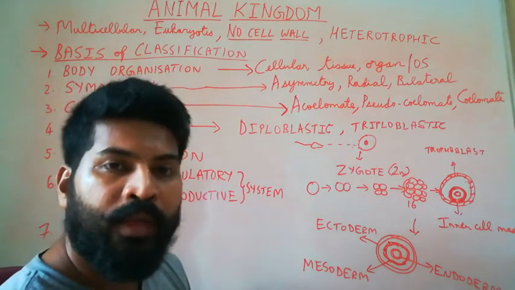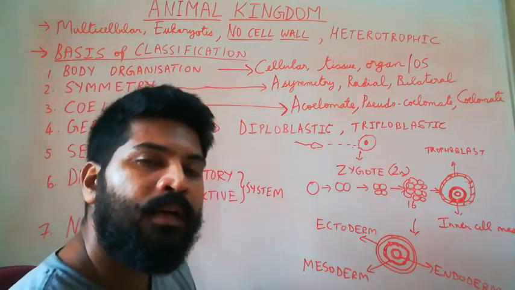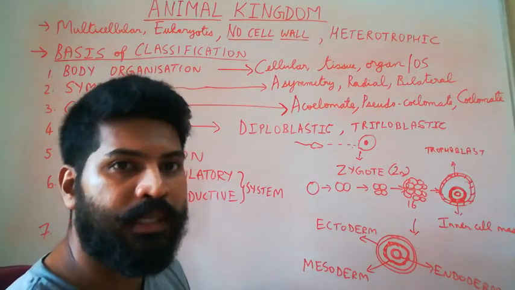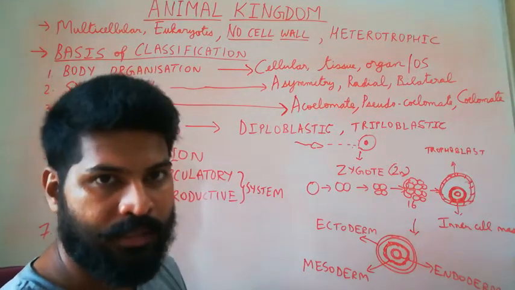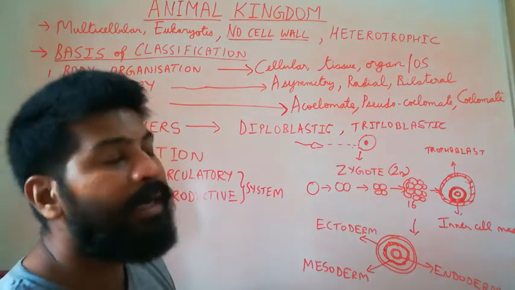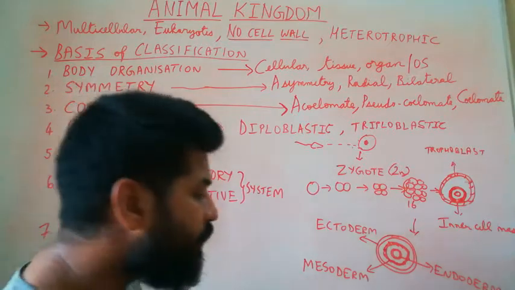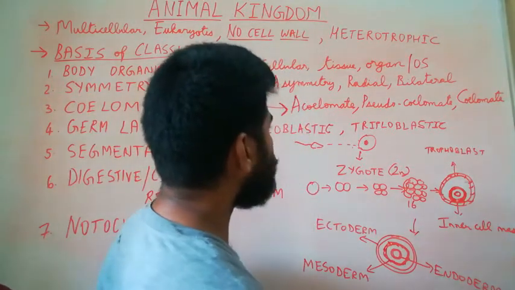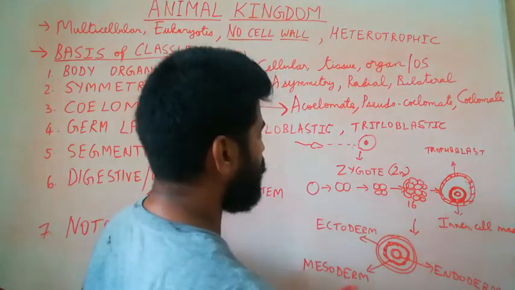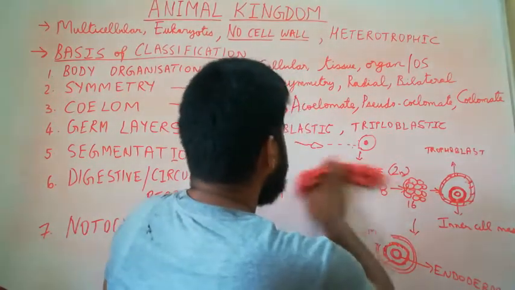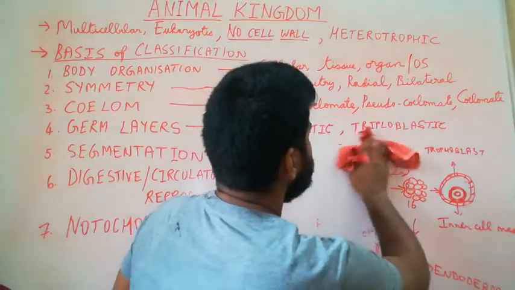Phylum Porifera, Coelenterata and Ctenophora are diploblastic, they have only two germ layers, whereas from Platyhelminthes onwards we find that all of them have three layers, so they are triploblastic. So based on this also we can classify the animals.